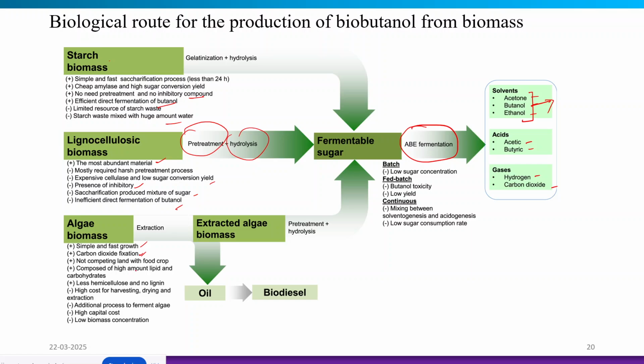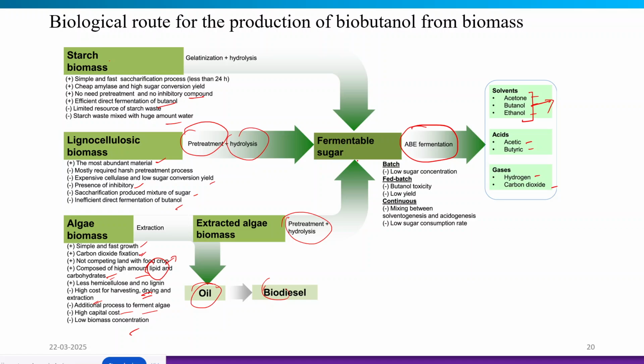There is a higher content of lipids and carbohydrates, so the lipid portion we extract to produce biodiesel, and the carbohydrates are further taken for pretreatment and hydrolyzed to form fermentable sugar. But there is a higher cost of harvesting, drying and extraction. An additional process is required to ferment the algae, there is high capital cost investment, and low biomass concentration.